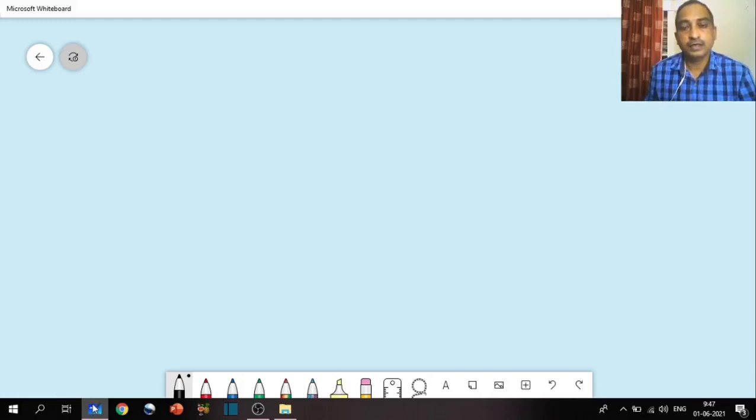So today I would like to tell about how to fit a straight line for the given n data points. Fitting of a straight line.